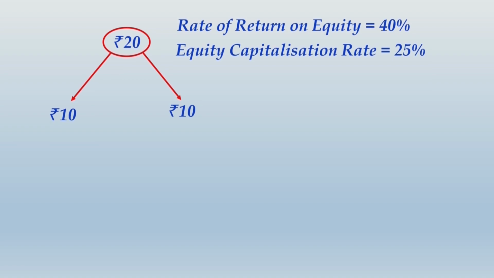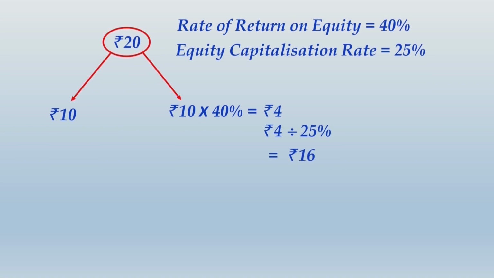So the amount of rupees 10 that is appearing on the right side, that 10 is the shareholders' money in the company's hand, which will be reinvested at 40% to generate rupees 4 as income. However, to generate rupees 4 as income, at a 25% rate of return, the shareholder will require rupees 16 as investment value.